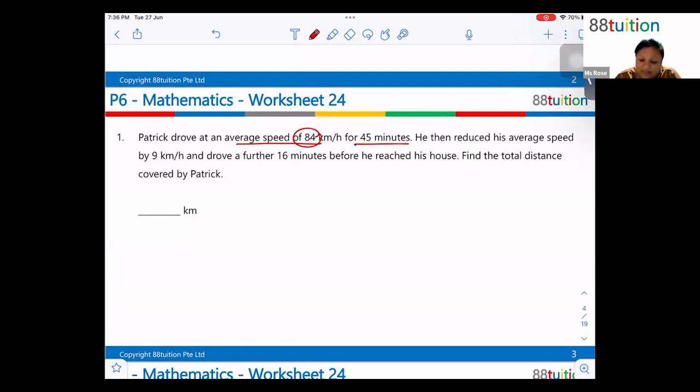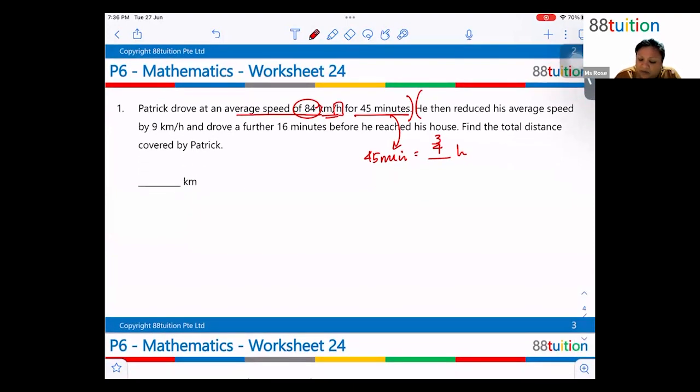You see this is in kilometers per hour, so first thing you need to do is to change 45 minutes to hour. You will get 3/4 of an hour.